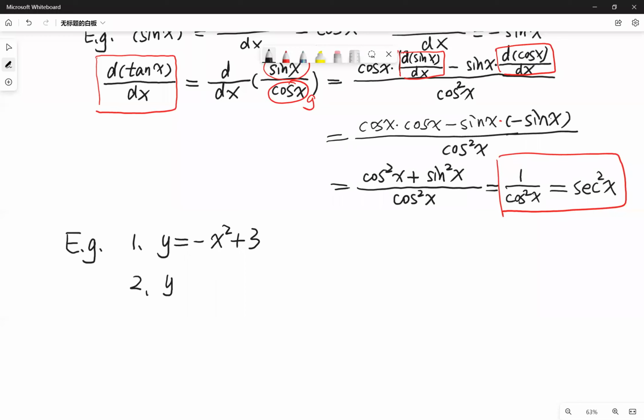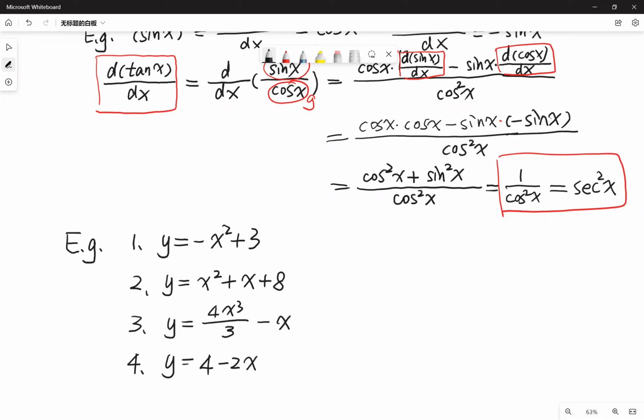You can also write on your paper and send it in our WeChat group. I think these 4 are easy.